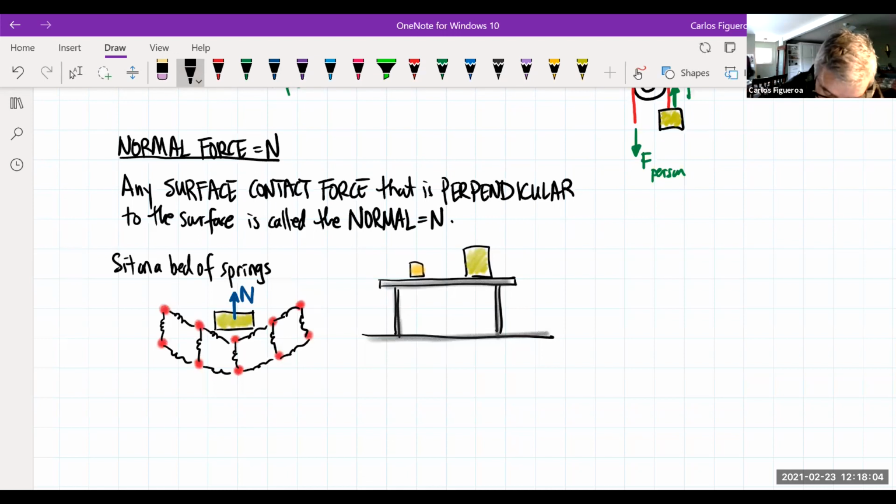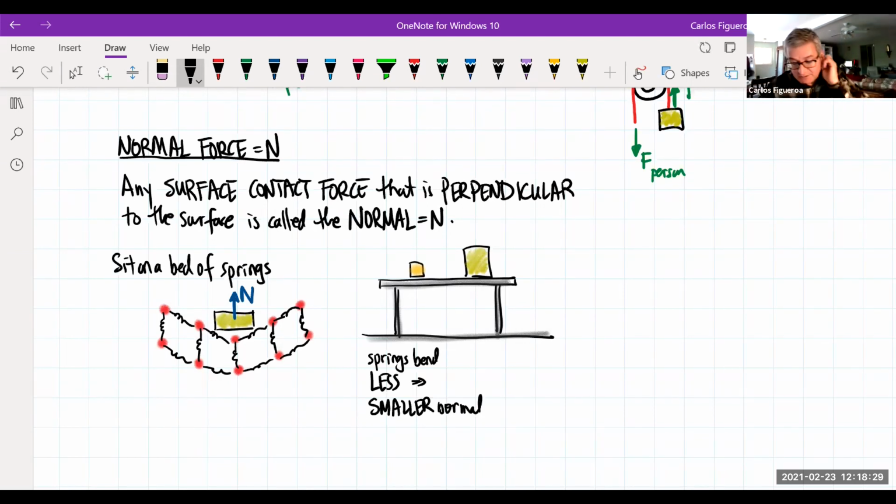So in essence, for the smaller block, the springs bend less, therefore you get a smaller normal force, because it's pushing less on the springs here.